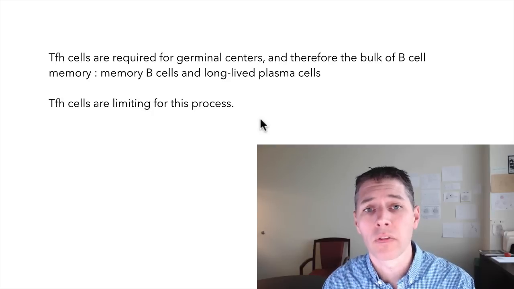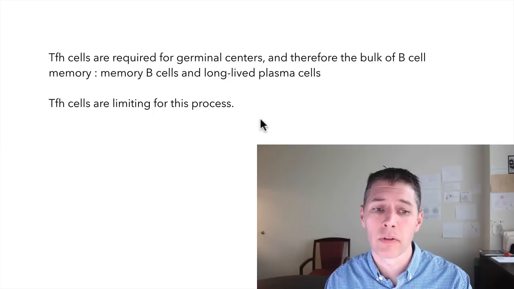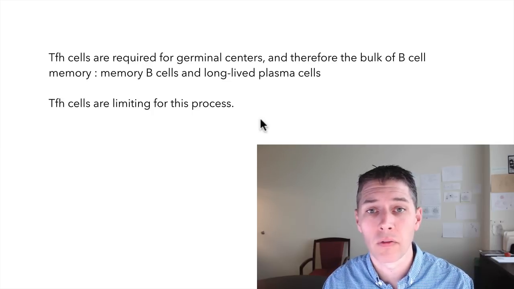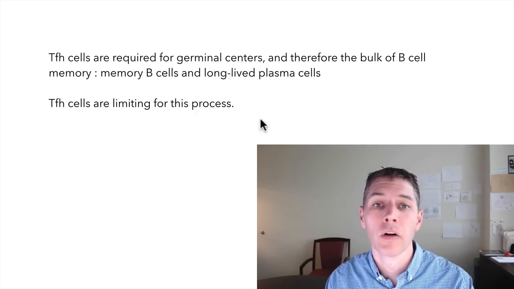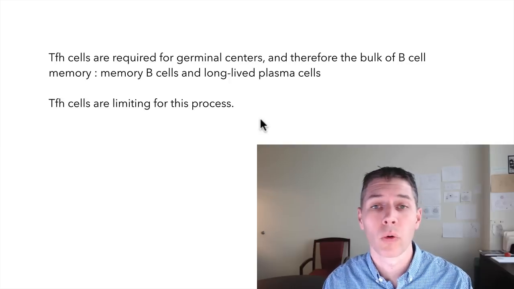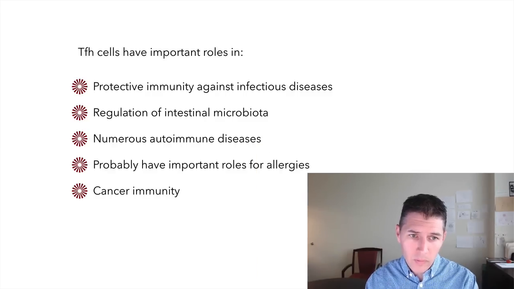In contrast, from an autoimmune disease or allergy perspective, there's also evidence that TFH cells can be limiting for those processes, and therefore from a therapeutic standpoint, focusing on attempting to block TFH cell numbers or function is a logical course of action as well.